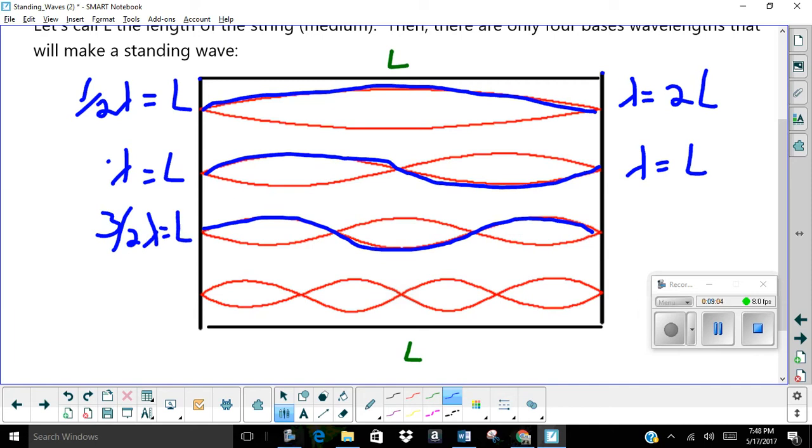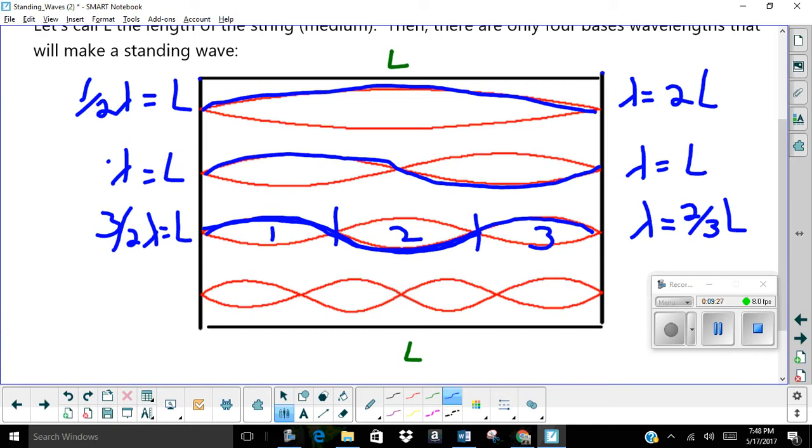Or I can say that 2/3 of the length of the string is going to be one wavelength. If I think about dividing this up into thirds, 1, 2, 3, one wavelength is 1/3, 2/3.